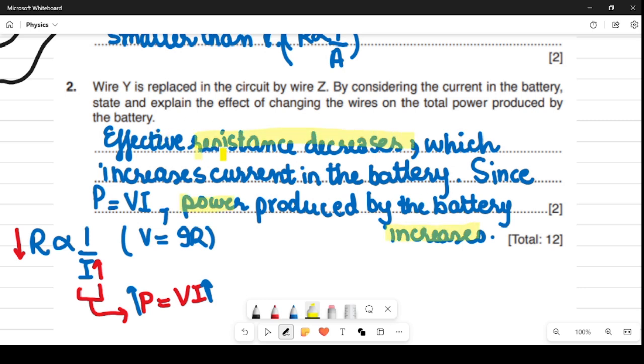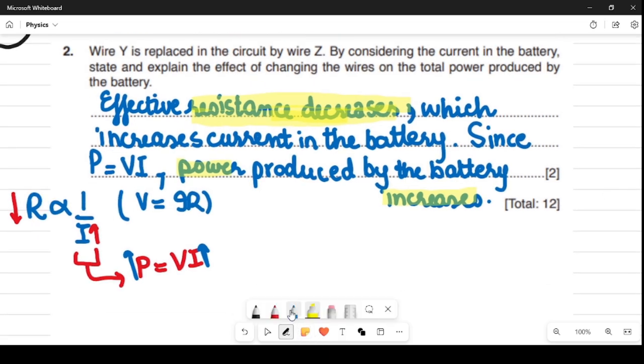Why? Because Y is replaced by Z, and Z has a lower resistance. Lower resistance means current increases. Current increases means power increases.